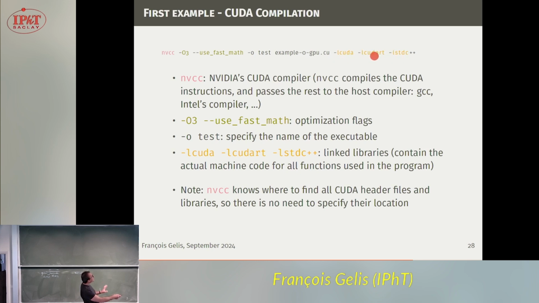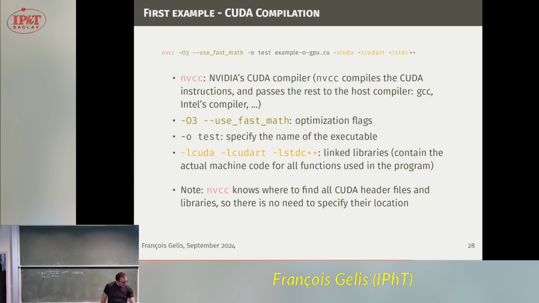So you always need these three libraries plus perhaps a few others depending on your code. These are optimization flags. And that's all. Of course, it has many more options, but for a basic compilation, you just need this. And if it has been properly installed, you don't need to specify by hand where the CUDA libraries are located. The compiler knows if it's installed properly.